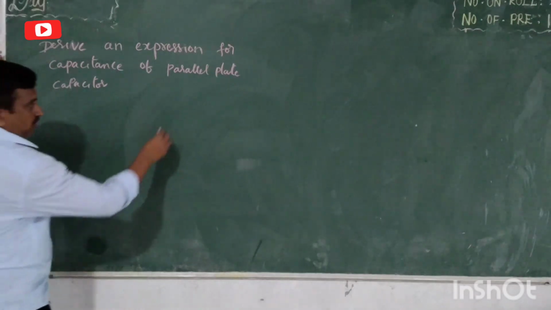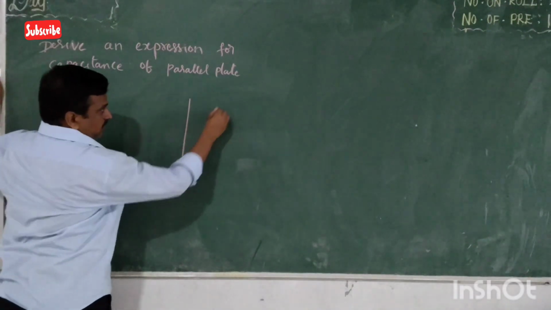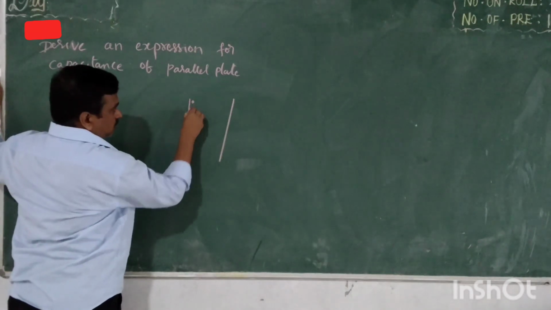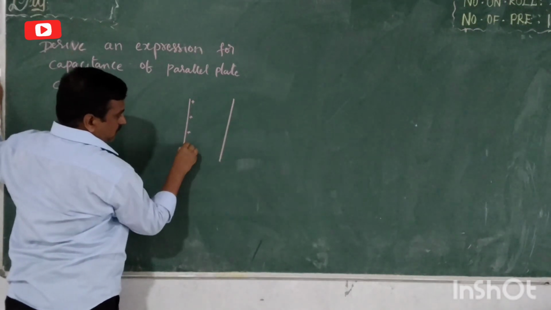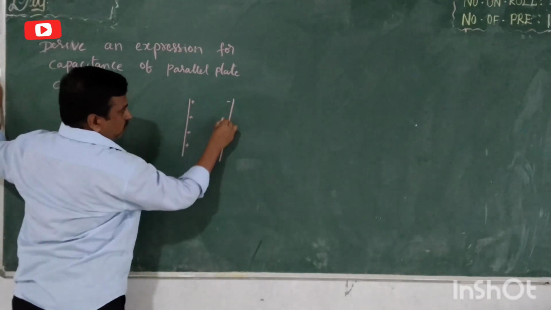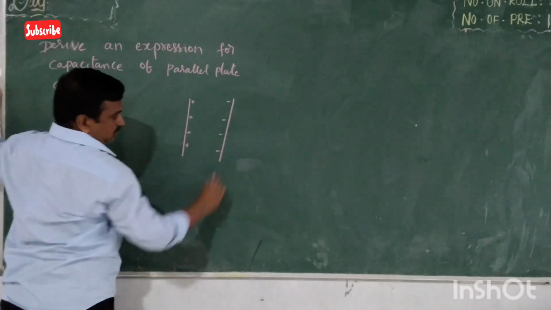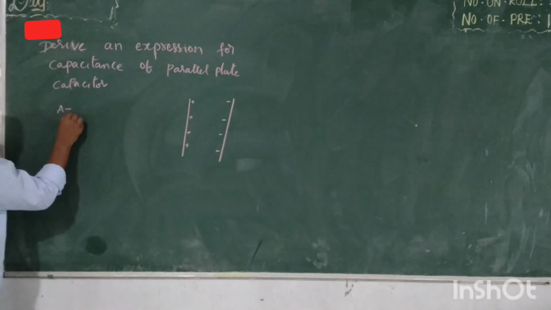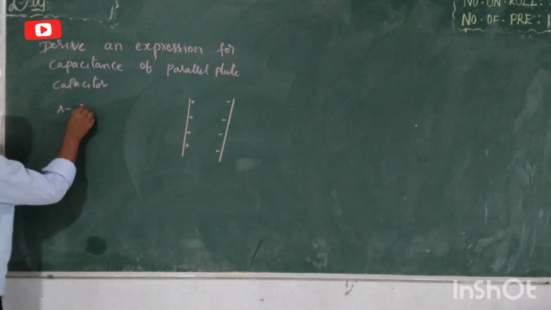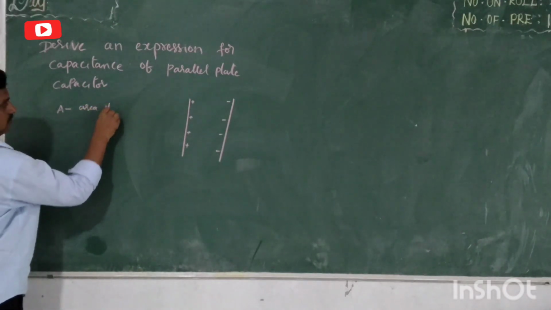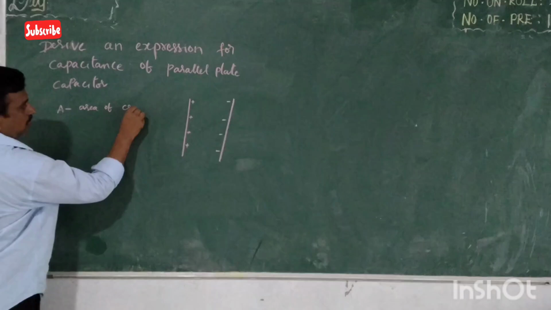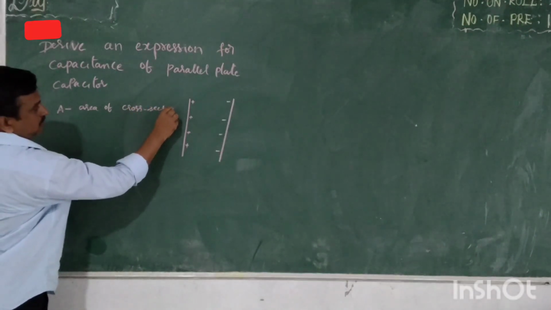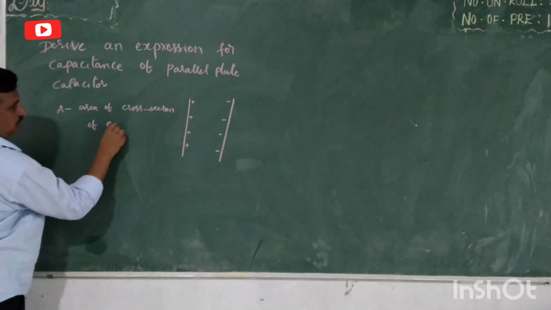For example, here is a parallel plate capacitor. These are the parallel plates. One has a positive charge, the other has a negative charge. Let us consider A is the area of cross section of each plate.